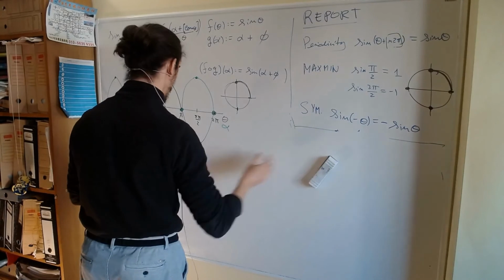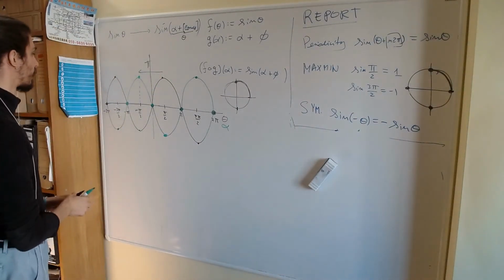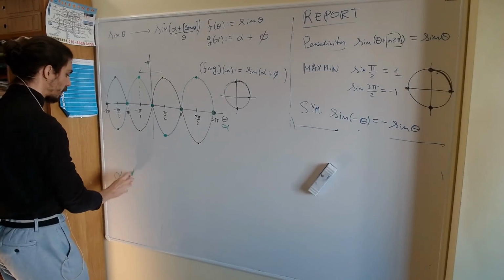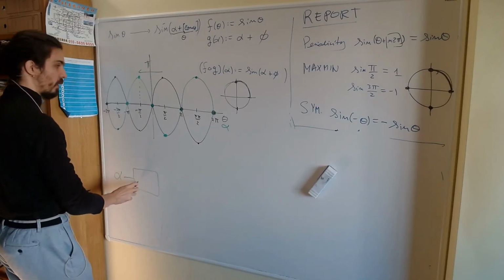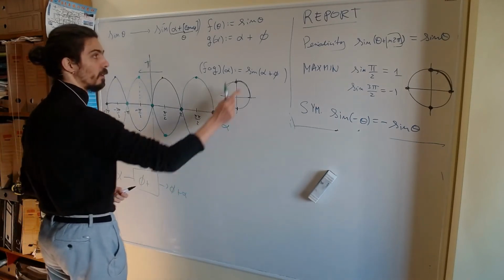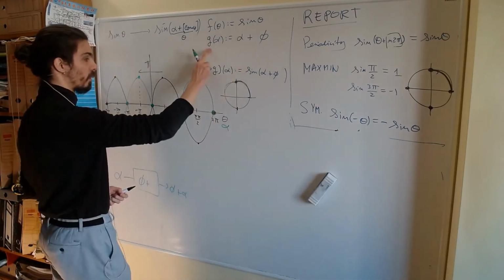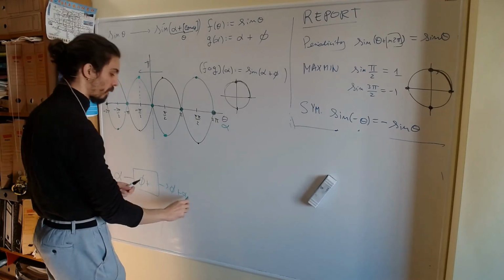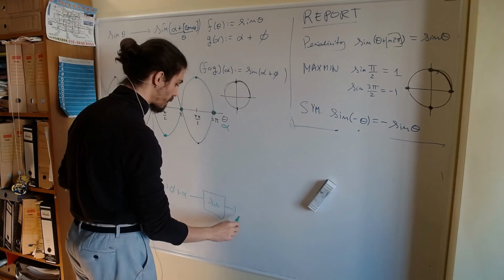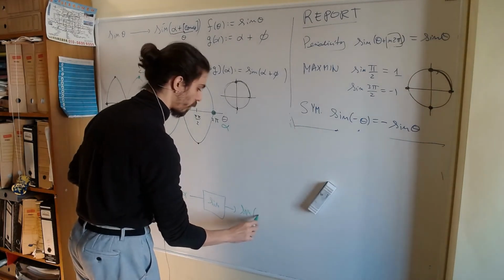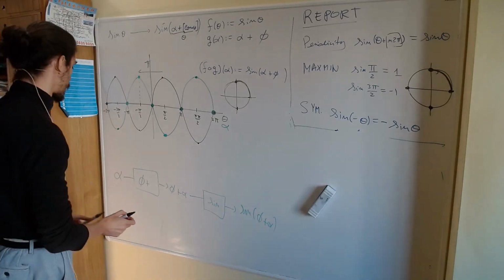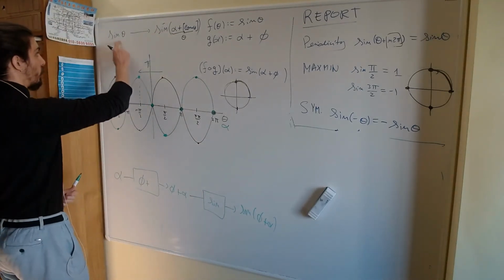We want to compare the following assembly lines. We start with alpha. You transform alpha with the function g into phi plus alpha. First you act with g, and then you act with the sine, and you get the number sine of phi plus alpha. Okay? The second assembly line is smaller. It's just the sine.